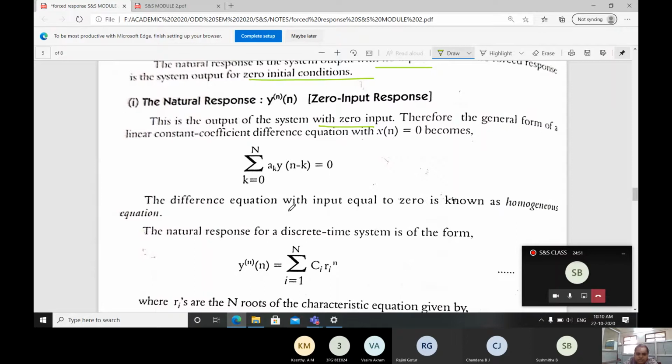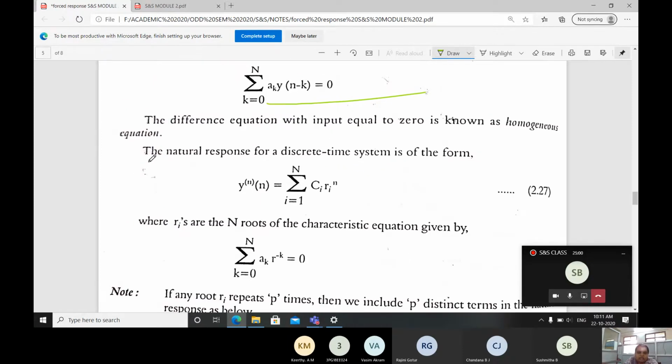The difference equation with input equal to 0 is known as the homogeneous equation. Then the natural response for a discrete time system is of the form y_n of n equals summation i equals 1 to N, c_i r_i to the power n, where r_i are the N roots of the characteristic equation.